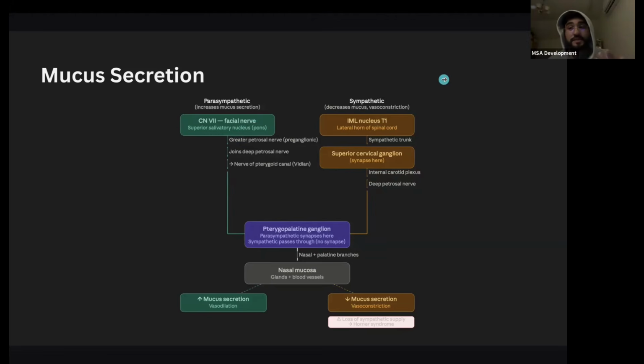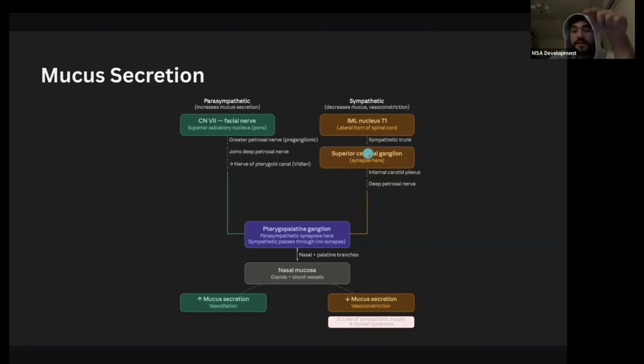Sympathetically, to provide the sympathetic innervation, you'll have the nerves from the intermediolateral nucleus in T1. So that's the lateral horn of the spinal cord. There you're going to have the sympathetic trunk, and then the nerves are going to synapse in the superior cervical ganglion.